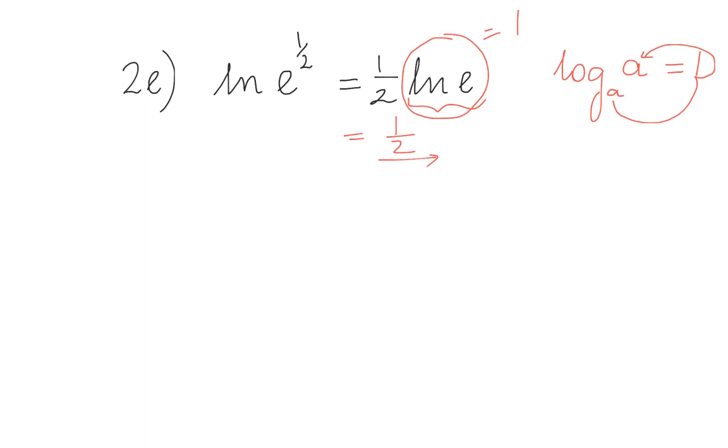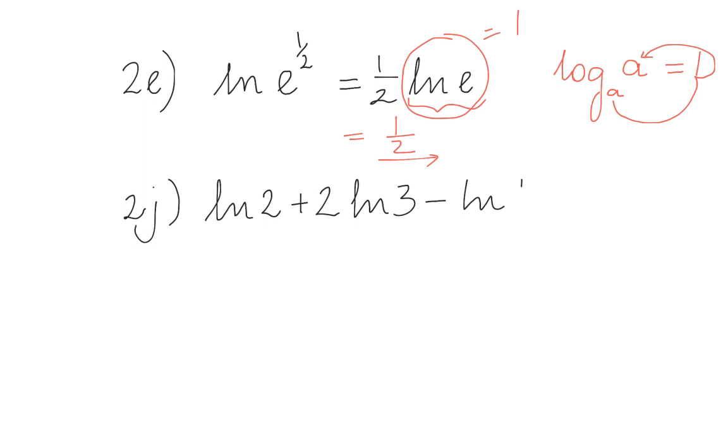Question number 2J is a basic manipulation using a second law of logs. So you've got a log base e of 2 plus 2 logs base e of 3 minus a log base e of 18.